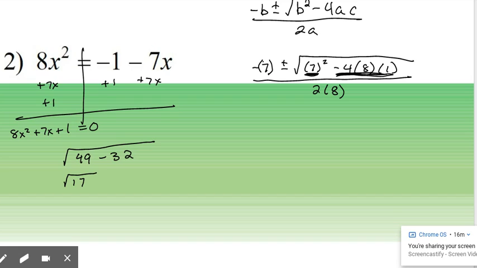So I do have two solutions. That's what that tells me when I get a positive square root. Let's go ahead and square root it. Square root of 17. It's not perfect. It is going to be rounded to 4.12. Okay. And now we're going to split this up.